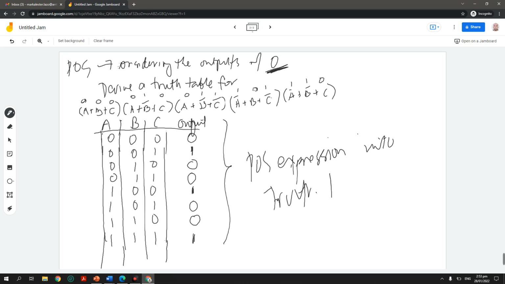So I hope it is clear on how to convert our POS expression into a truth table.